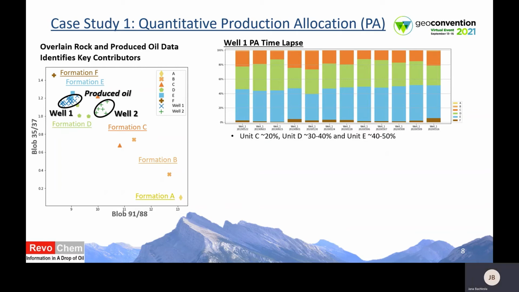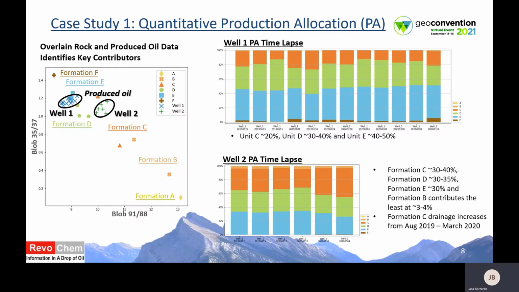We have about 40 to 50% Unit E, 30 to 40% Unit D, and 20% Unit C. It's also important to note that from about May of 2019 to about February of 2020, there's significant oscillation in the drainage where Formation D and Formation C still have quite a bit of drainage variation. But after February of 2020, the drainage tends to stabilize.